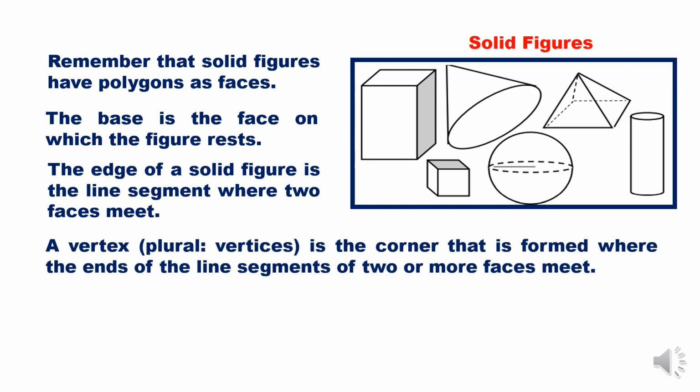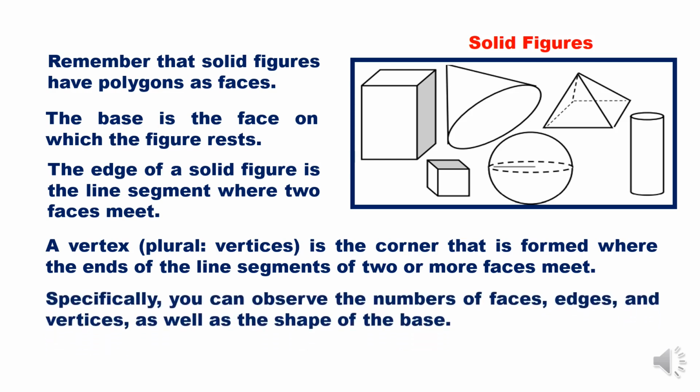A vertex, vertices for plural, is the corner that is formed where the ends of the line segments of two or more faces meet. Specifically, you can observe the numbers of faces, edges, and vertices as well as the shape of the base.